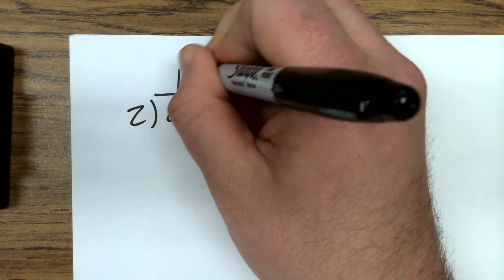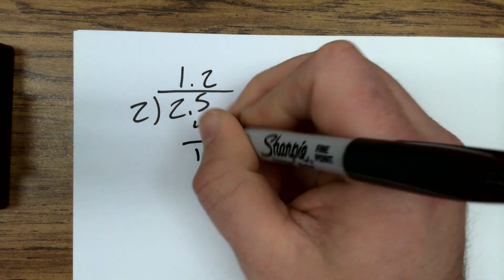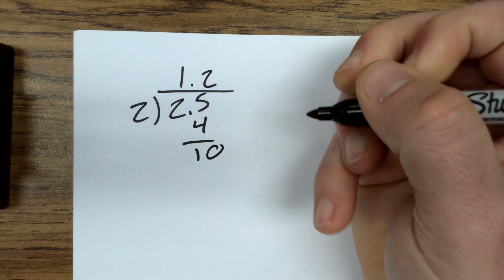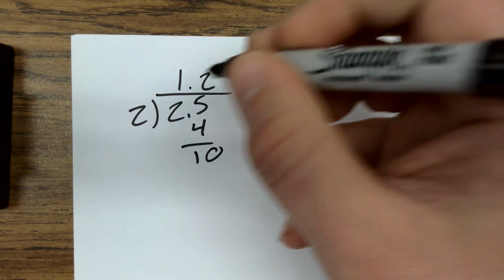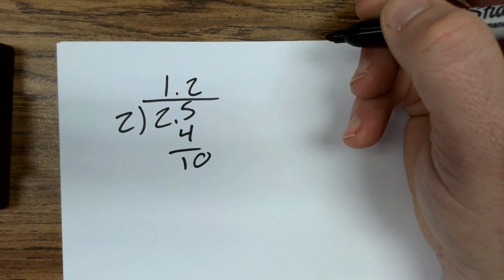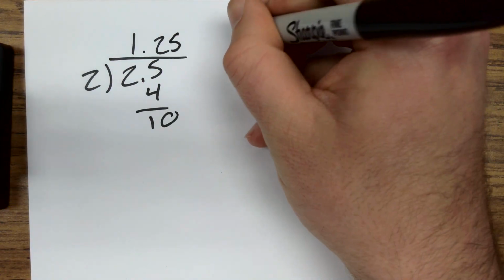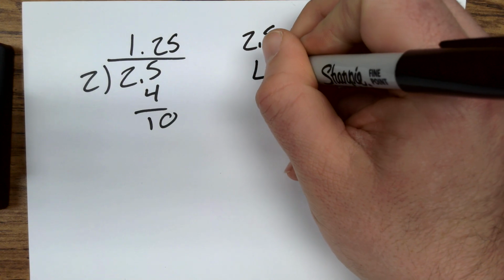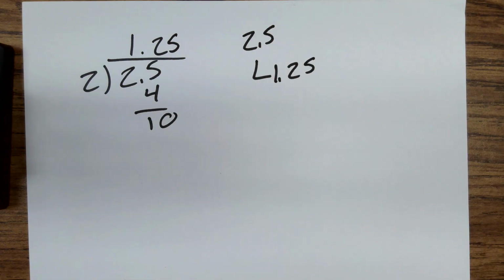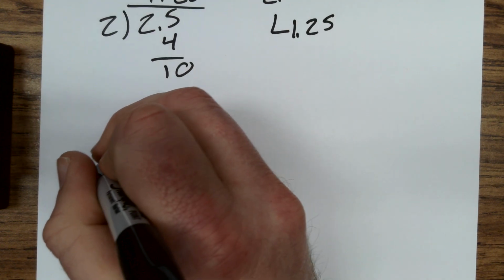So that leaves 1 remaining. Put a space there, because obviously we got a remainder. We got to get rid of it. 2 goes into 10 how many times? 5. All right. So in 1 half-life, I go from 2.5 to 1.25.